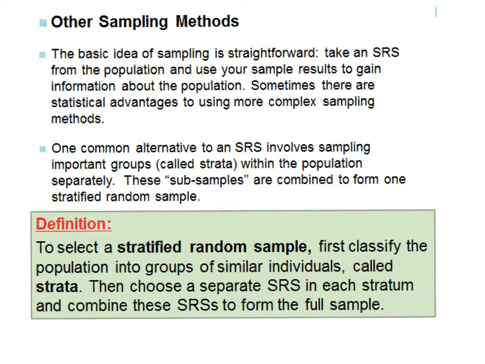Basically, if you have little subgroups that have like characteristics, and you want to take a little SRS of each of those subgroups, and then combine them, we take separate random samples from each of the strata. That's what we call a stratified random sample.